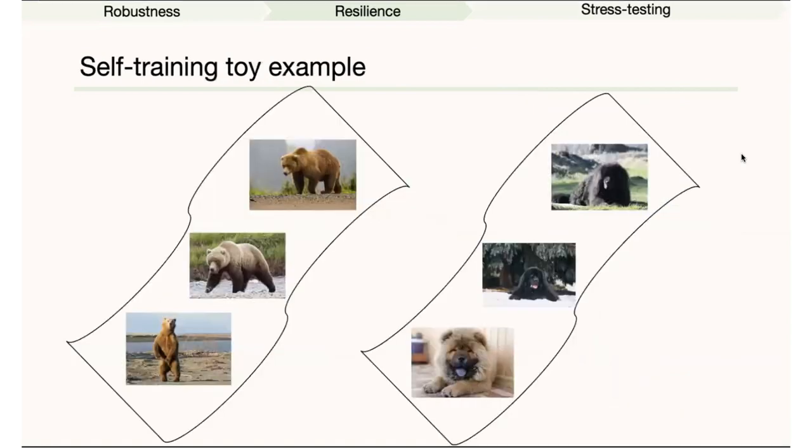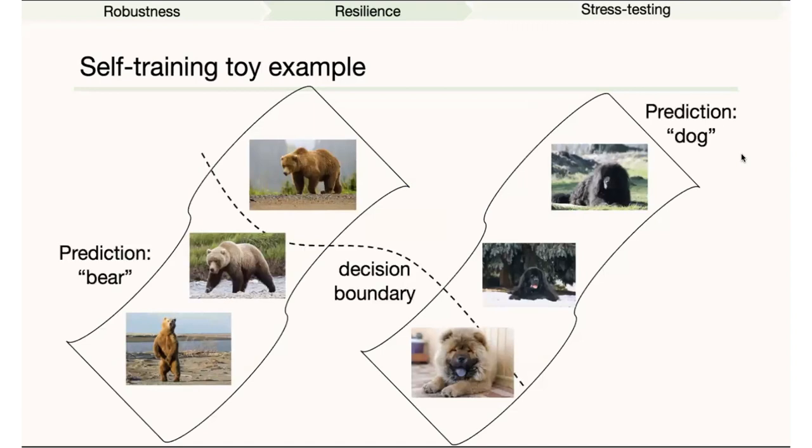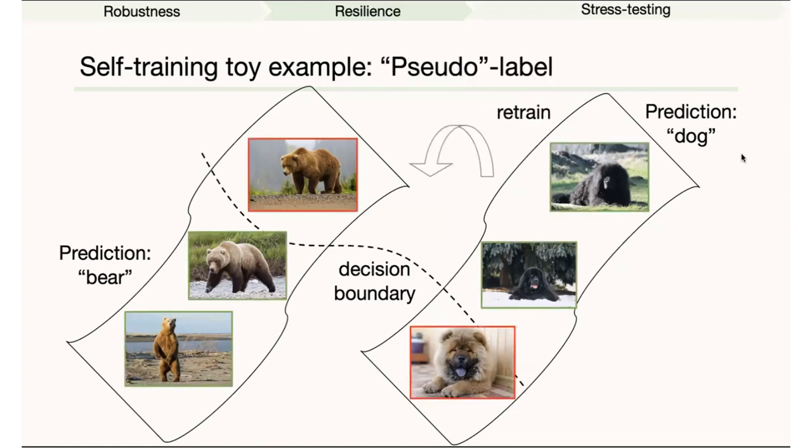So for self-training, let's just consider a toy example, right? Where you want to distinguish between images of bears on the left and images of very bear-like dogs on the right. And let those outlines denote the ground truth manifold for these classes. And say we start off with some decision boundary, shown by that dotted line. On the left, we're predicting bear, and on the right, it's predicting dog. And so it's getting more things right than it's getting wrong. And in self-training, what you do is you treat these predictions as pseudo labels.